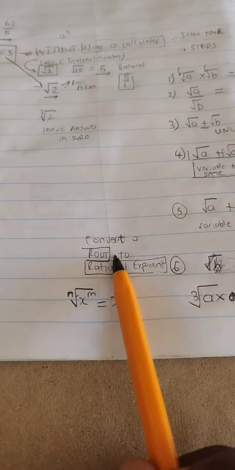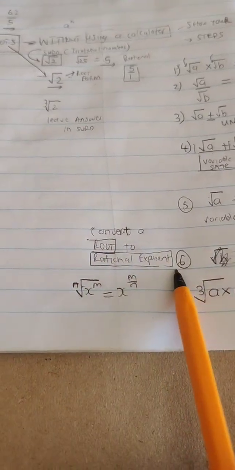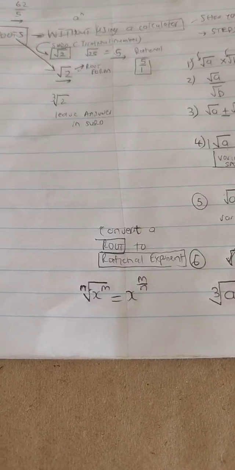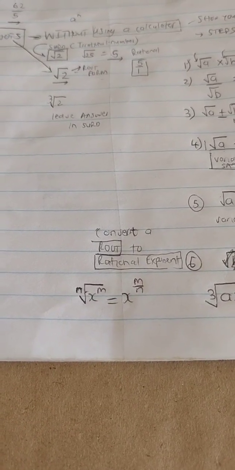We remove the root, and to convert the root to a rational exponent, we write x to the power m over n. Are you feeling me there, guys? Just take it in a moment, because this is important.